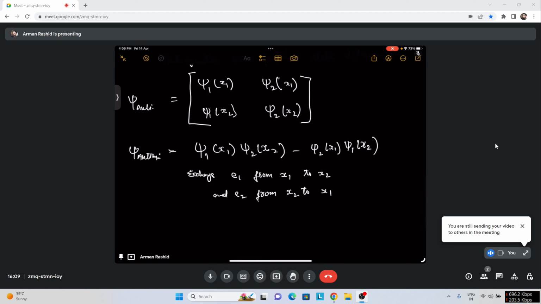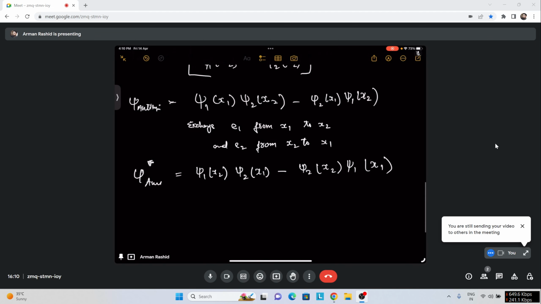So once we exchange, we write a wave function psi of nt star. The position is changed, so psi1 is now at x2 and psi2 is present now at x1. I'm changing the position from x2 to x1. Similarly, psi2 is present at x2 and psi1 is present at x1.